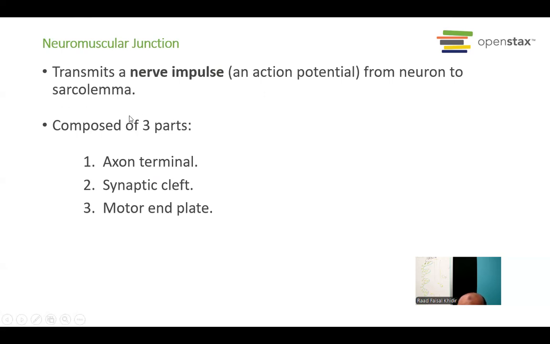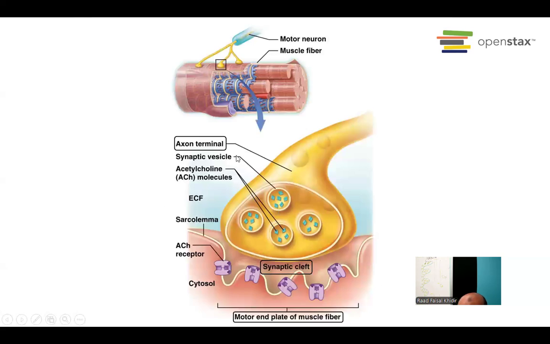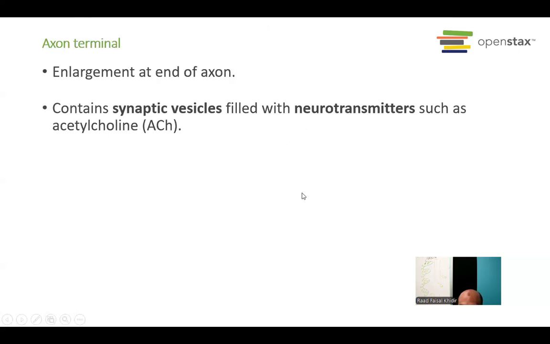It is composed of three parts. There's the axon terminal, the synaptic cleft, and the motor end plate. You see that's the axon terminal, that is the synaptic cleft, and that is the motor end plate. The axon terminal is a swollen end. It is an enlargement of the end of the axon.